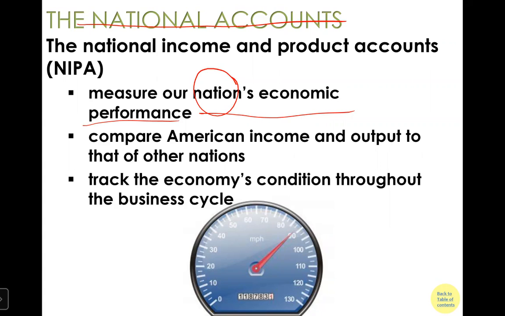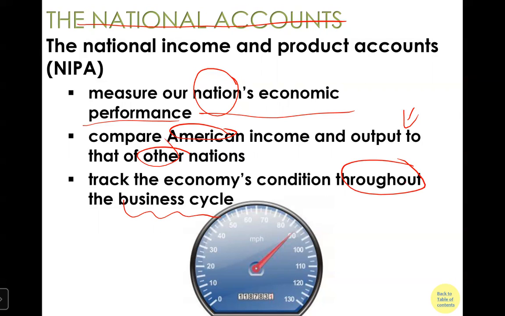And with this NIPA account, we can do at least two things. We compare one versus the other. Okay, and secondly, we can track the economy throughout the business cycle. Or in other words, this one is at the same time, this is across border.